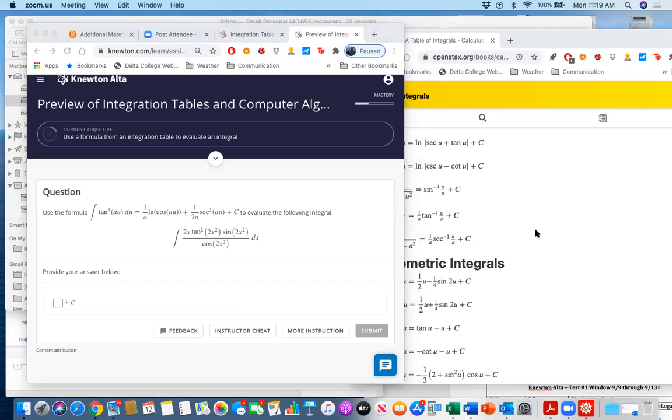What is that? Sine over cosine is just another tangent, right? Yeah, so they gave us this really ugly looking integral, but they could have much more easily set up this integral as 2x times tangent cubed of 2x squared.